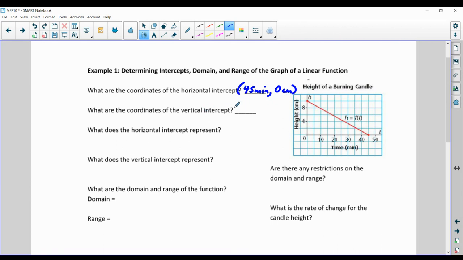What are the coordinates of the vertical intercept? So this one is a time of 0 minutes, but a height of 2, 4, 6, 8, 10 centimeters. What does the horizontal intercept represent? Well, when the height of the candle is down to 0, that means there's no candle left. So it represents the time at which the candle is completely burnt out, which is 45 minutes.